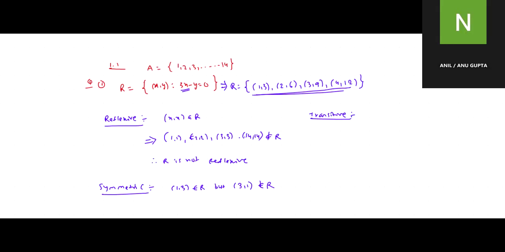So we can give कि 1,3 belongs to R, 3,9 belongs to R, but 1,9 does not belong to R.